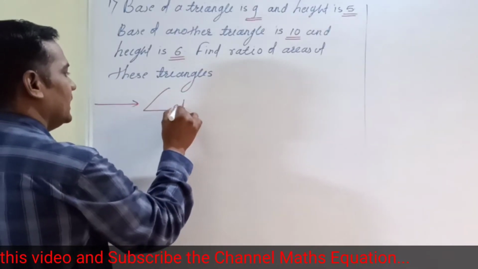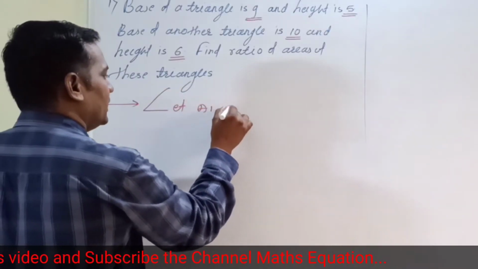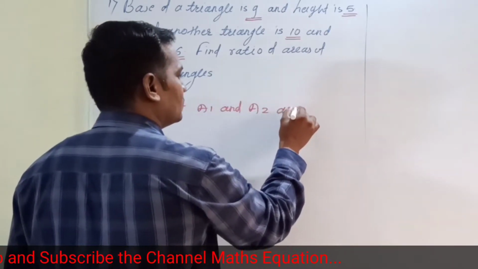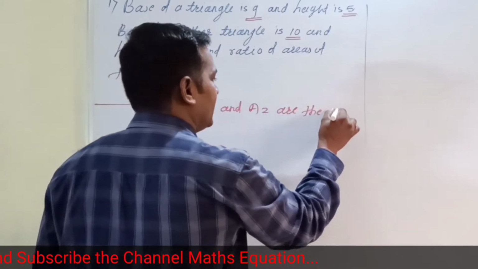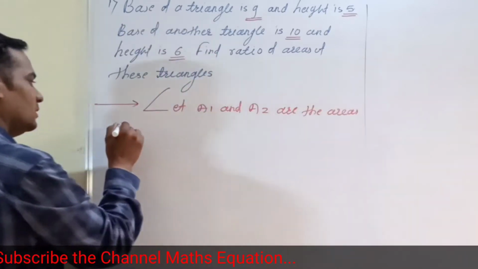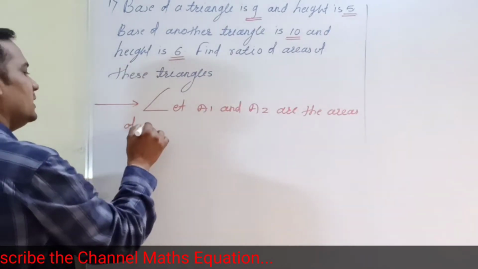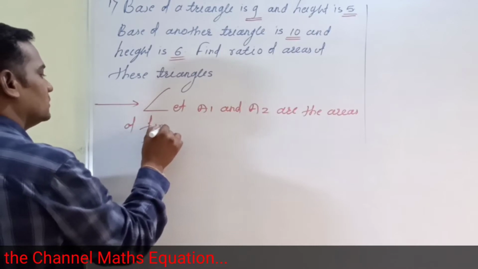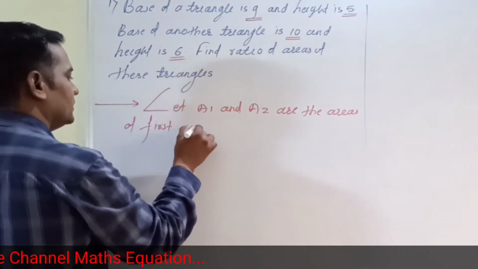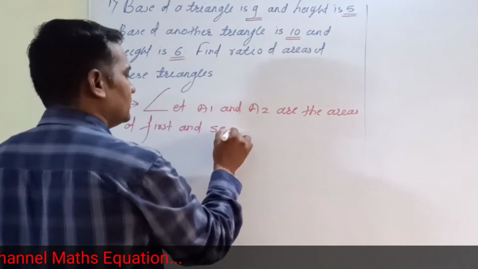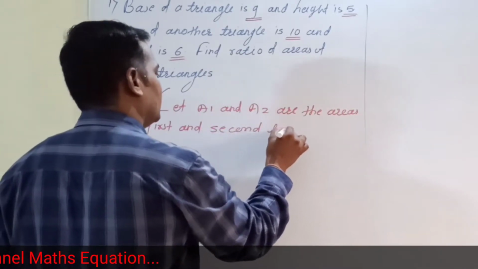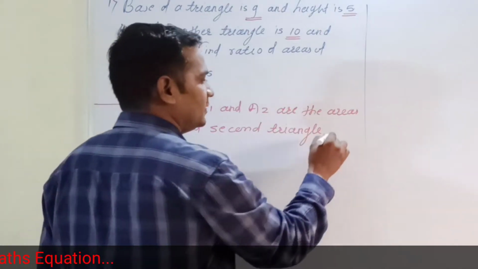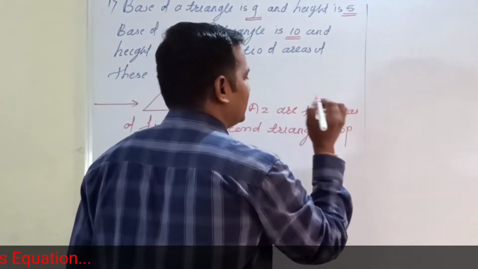Look here. Let A1 and A2 be the areas of the first and second triangle respectively.